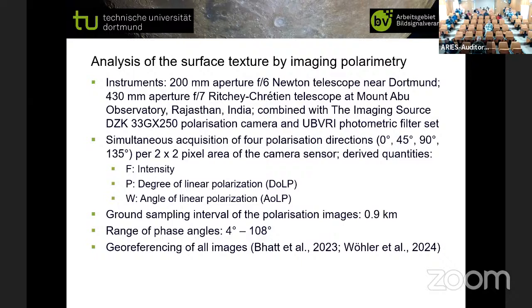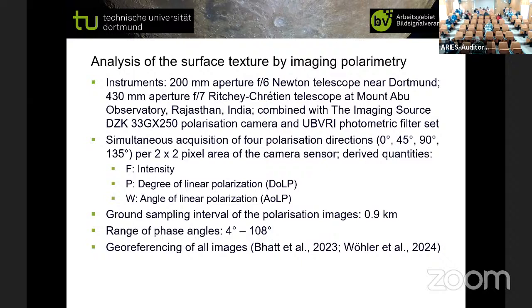To be honest, in my garden, because that was the first instrument to test the camera we are using. That's a highly innovative industrial polarization camera, which works in the way that each pixel has a little polarization filter attached to it, and each 2x2 block of pixels gives then enough information to compute the Stokes vector, the linear polarization parameters.